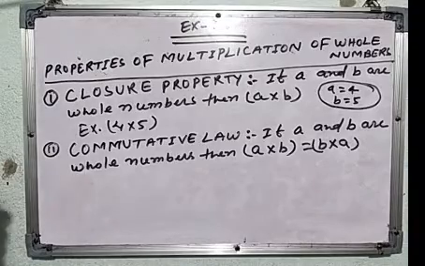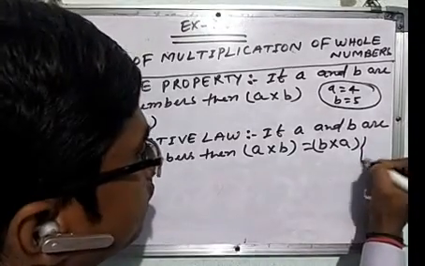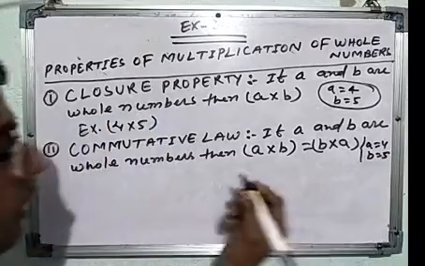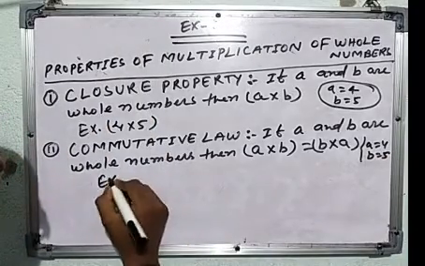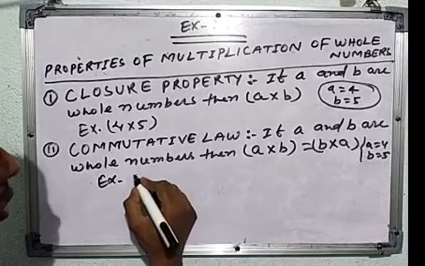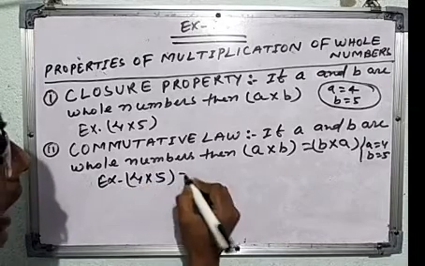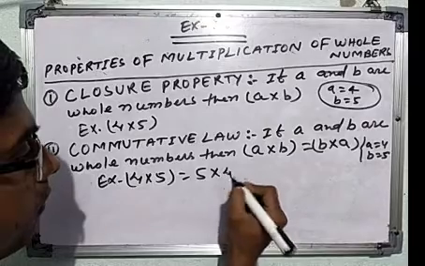For example, if you take A equal to 4 and B equal to 5, then you write 4 into 5 equal to 5 into 4. They are equal.